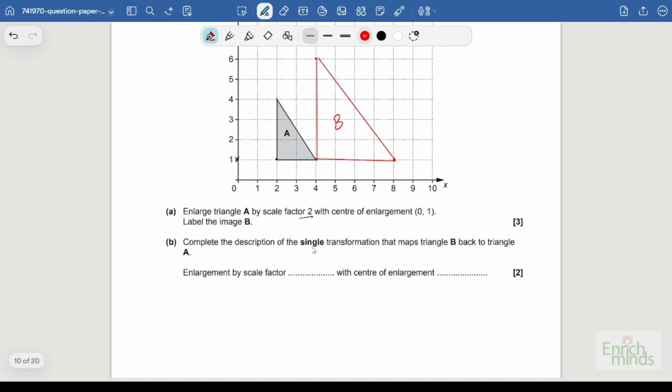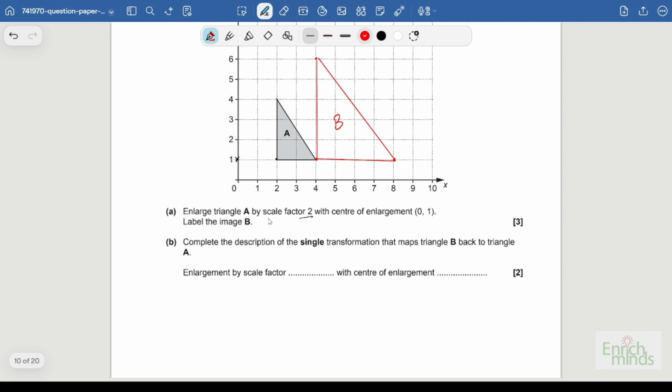Now complete the description of the single transformation that maps triangle B back to triangle A. Here it says that initially we used shape A as the original shape, which is being transformed to shape B. Now for part B, it wants you to consider shape B as the original shape and what kind of transformation it has undergone to go to shape A. So from B to A, it has been reduced by some scale factor.